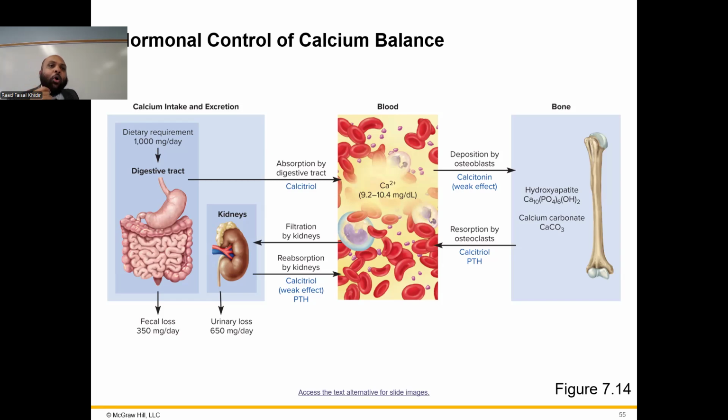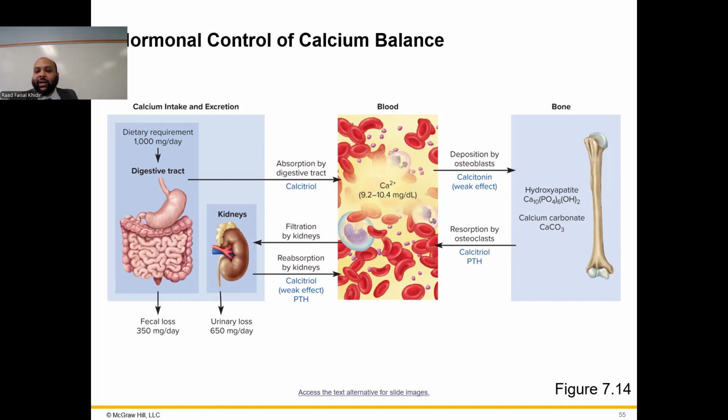So calcitriol always brings calcium into the blood, whether bringing it from the intestine or whether bringing it from the bone. Doesn't matter where you're bringing it from, you're still going to bring it through calcitriol. Parathyroid hormone is the one that is going to degrade the bone.